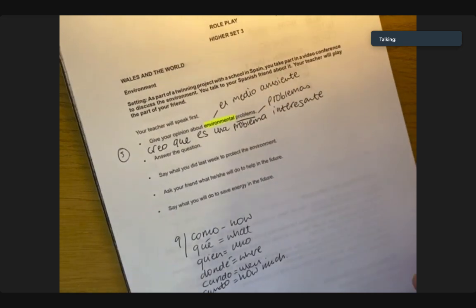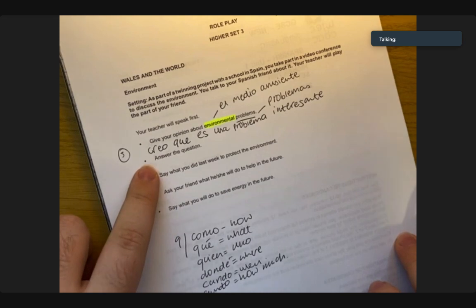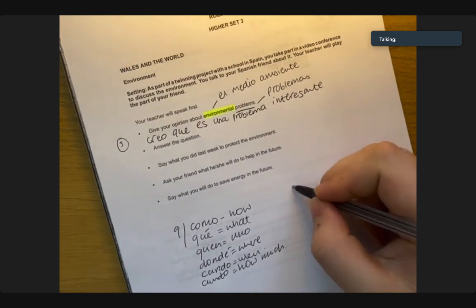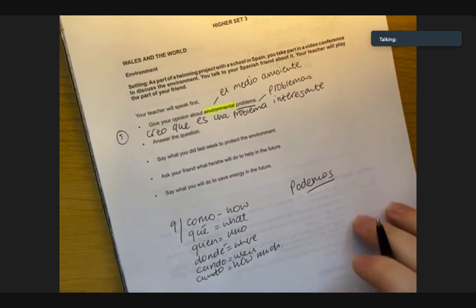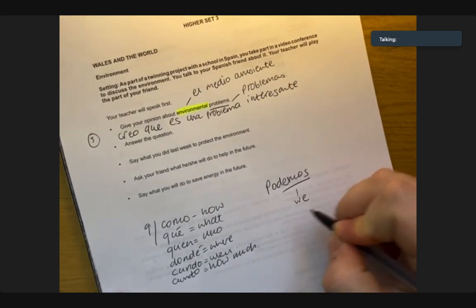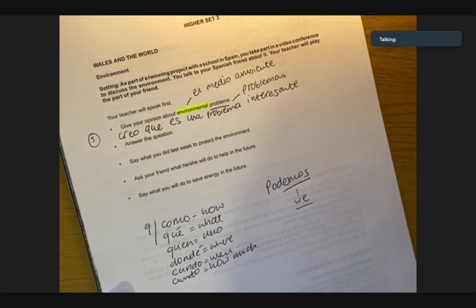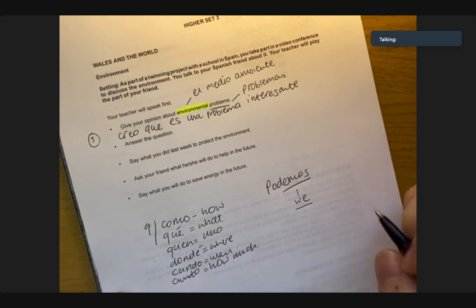So, for this particular bullet point, the question is, ¿Cómo podemos reducir la contaminación? So, we had the word podemos, and we know from Spanish grammar that anything that ends in emos or mos must be we. And the pod, I'm thinking of the word podría, so could, and it was cómo, so that could be how could we reduce pollution.